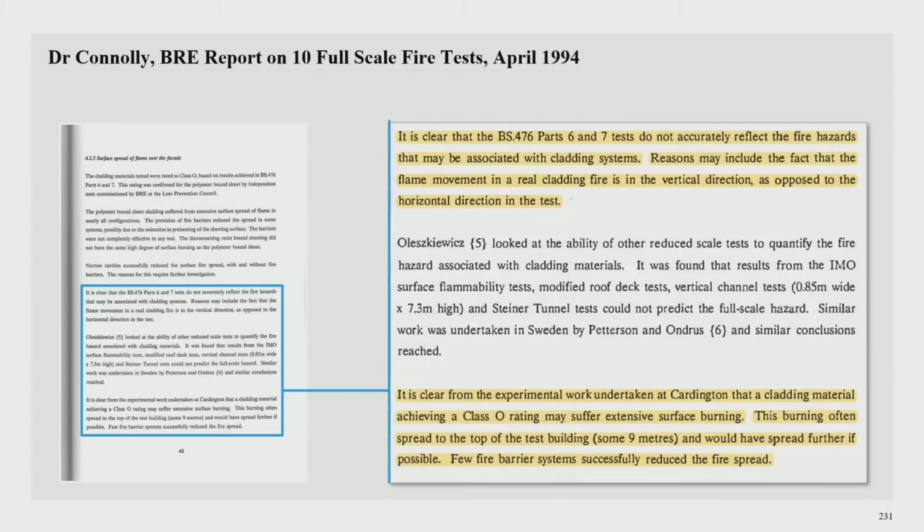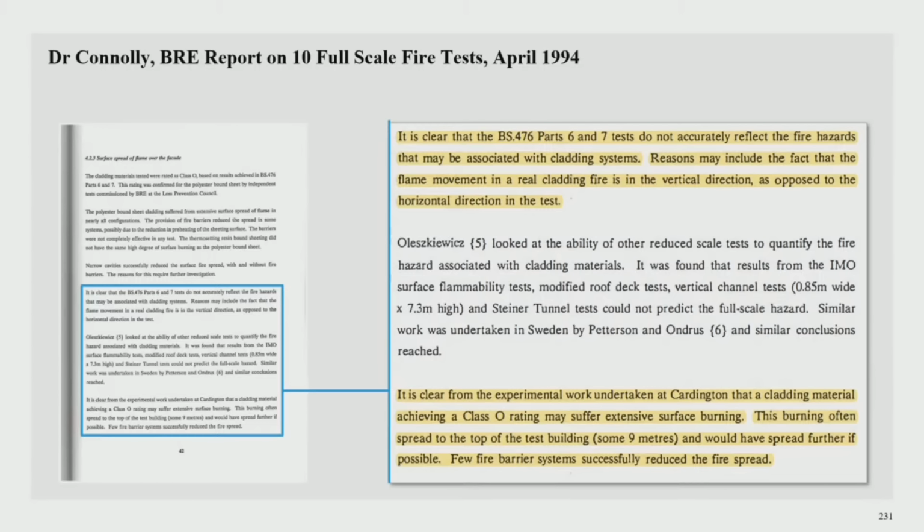It is important to note that within his overall paper, Connolly highlighted in his discussion for results for surface spread of flame over the facade the following 2 key points. Connolly states, "It is clear that the BS 476 Part 6 and 7 tests do not accurately reflect the fire hazards that may be associated with cladding systems.